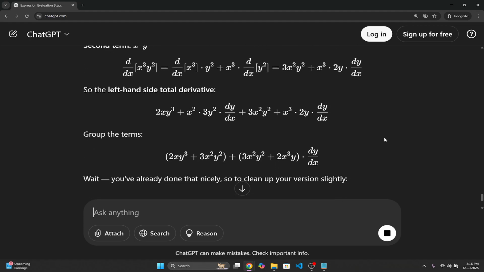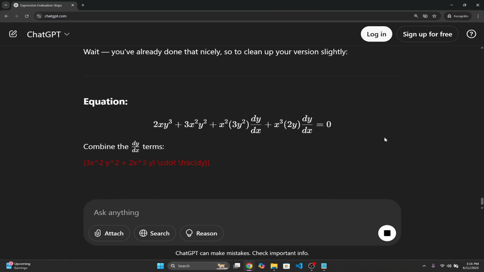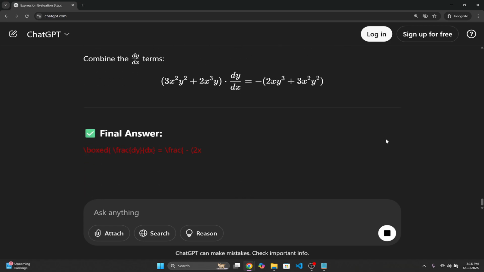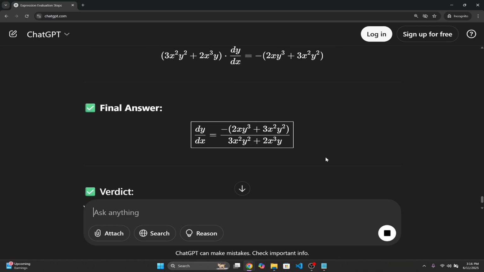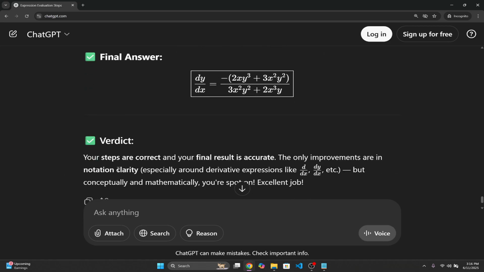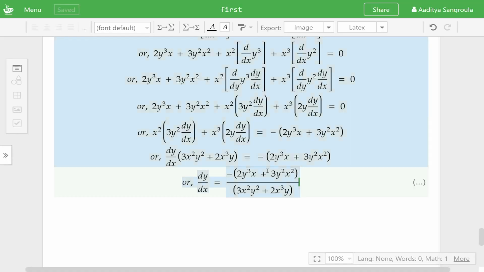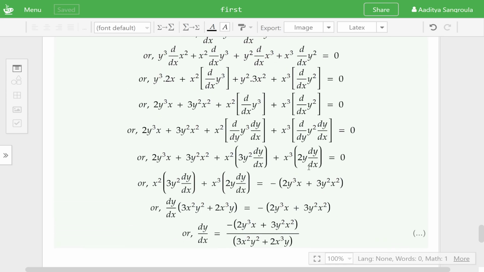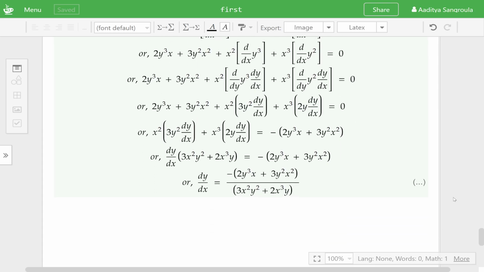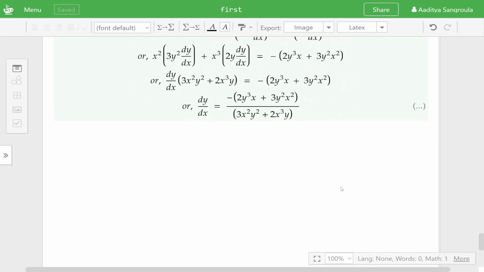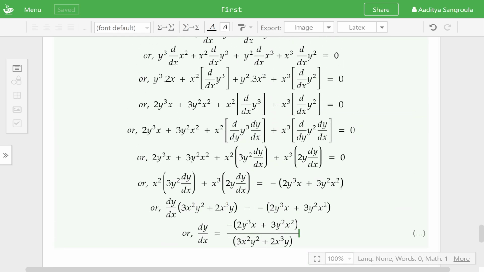It's like 40 degrees probably, not more than 40, but it is high. Your steps are correct, final result is accurate. Notation clarity is fine, I'm using this tool, but I think it looks very clear. So this is the solution to the question, which is absolutely awesome.